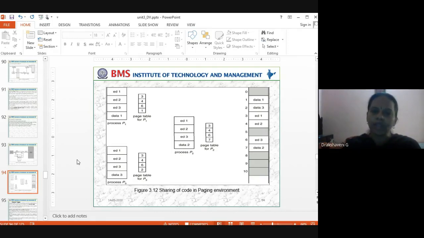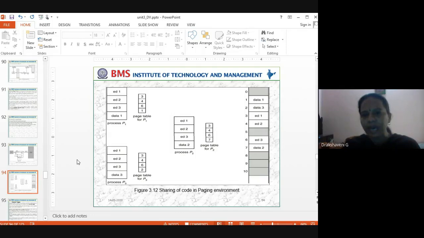Page table 1 holds 3, 4, 6, 1. Process 2 is present in 3, 4, 6, 7. So that's what sharing of code in a paging environment is. How do we share in the same environment? This diagram depicts that there are 3 processes, P1, P2, P3, and each process has a page table: page table for P1, page table for P2, page table for P3.